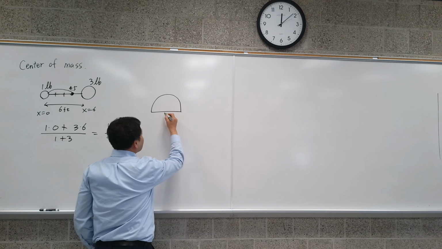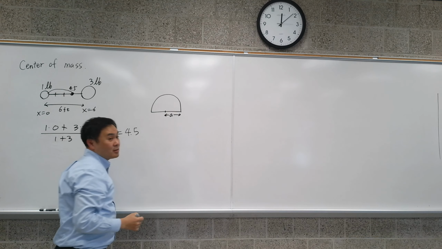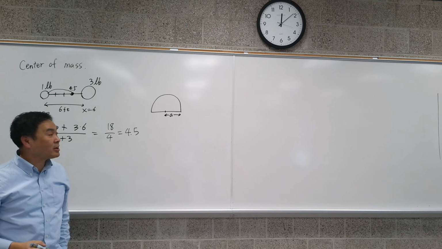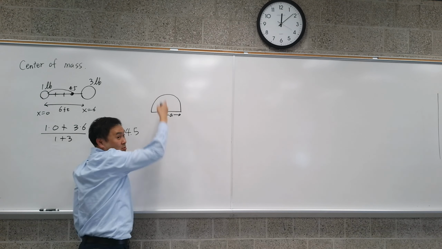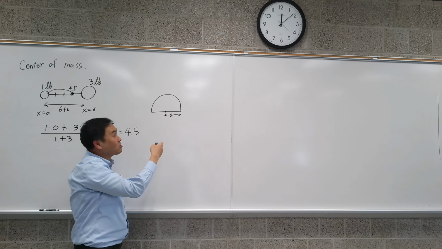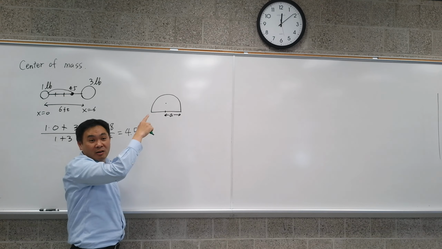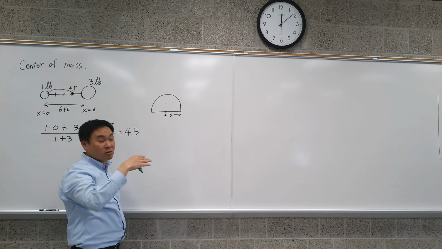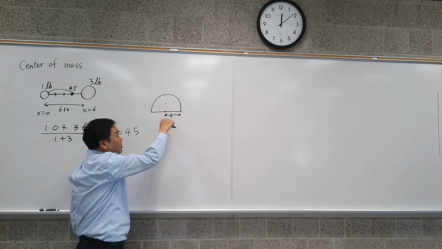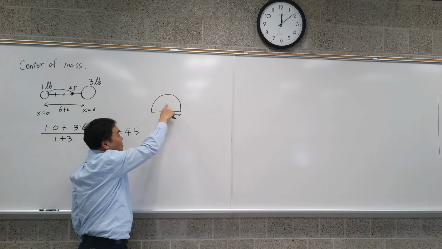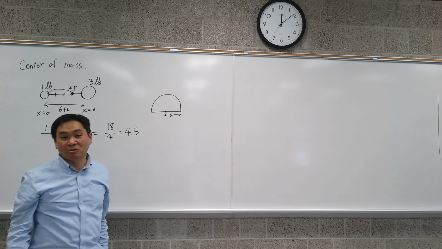And let's say this radius is A. Now in that case, the center of mass should be somewhere over here because of symmetry, right? The question is, of course, it's not 1/2 A, it's closer to the bottom, right? If the density is equal and it's closer to the bottom. So it's less than 1, but what is it? That's the question. Where is it?